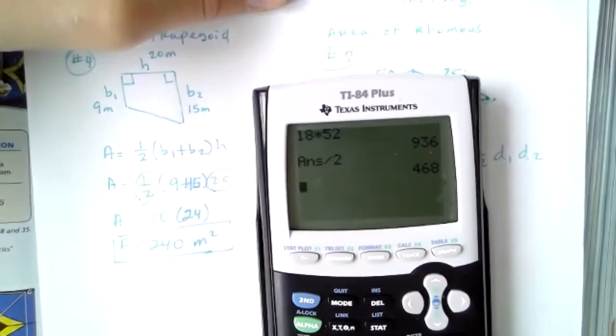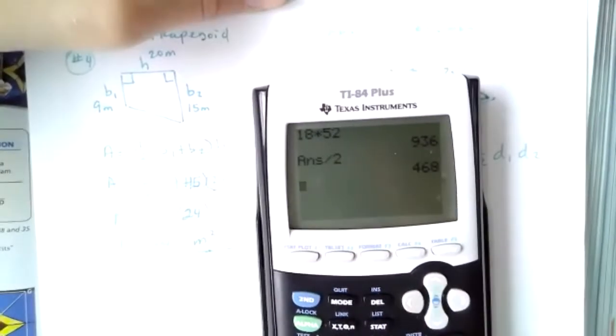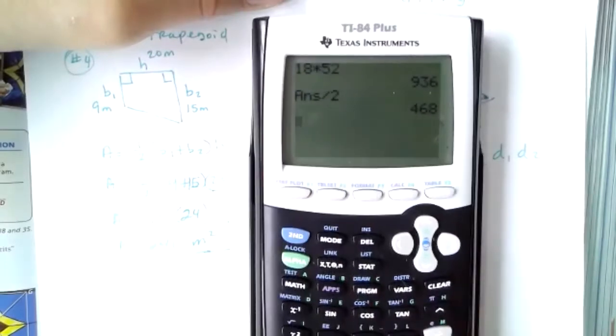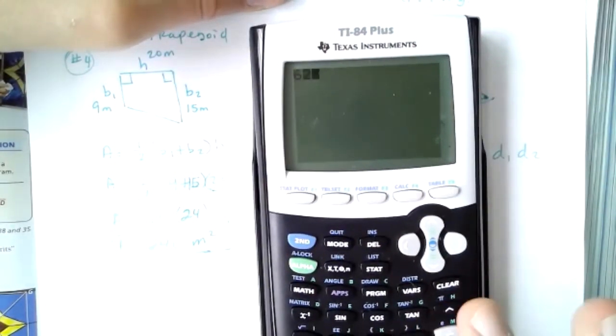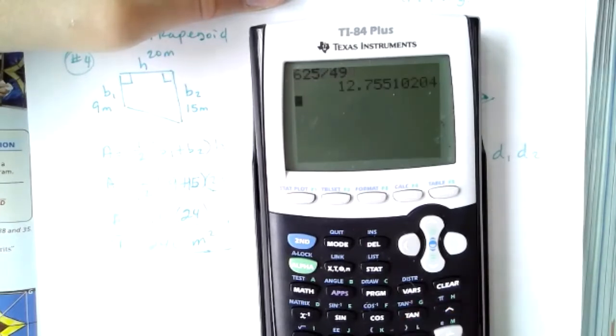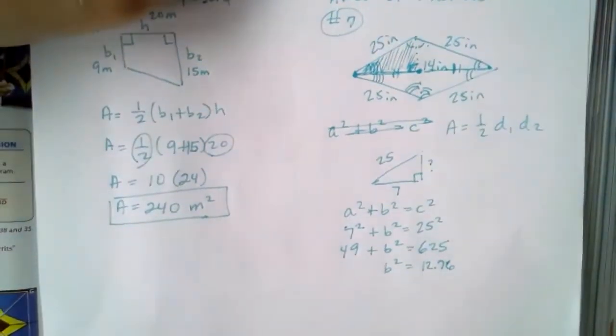Okay, so all right, let's do second mode clear every time. So 625 divided by 49, that gives me 12.76. All right, so I'm gonna write down 12.76, but I don't need b squared, I need b.